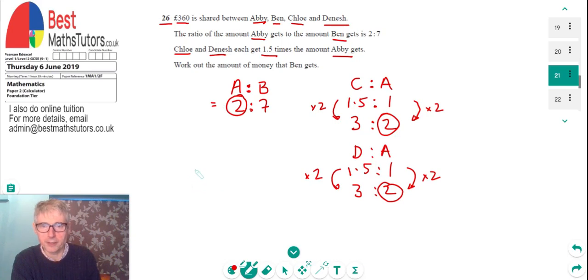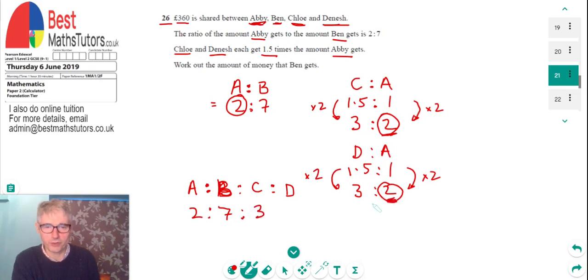I'm going to call it, and it's written nicely alphabetically, A, B, C, and D. So the ratio A to B to C to D is, if Abby's got 2, Ben has got 7. And if Abby's got 2, Chloe has got 3. And if Abby's got 2 again there, Dinesh has got 3 as well.